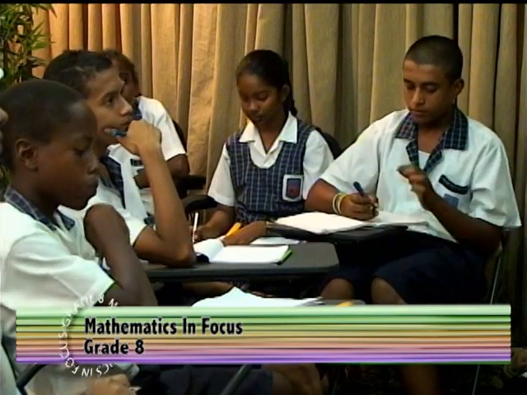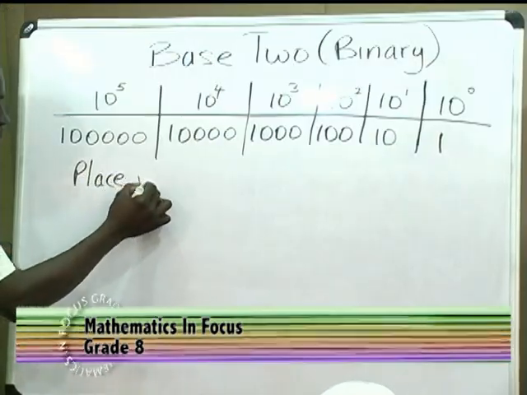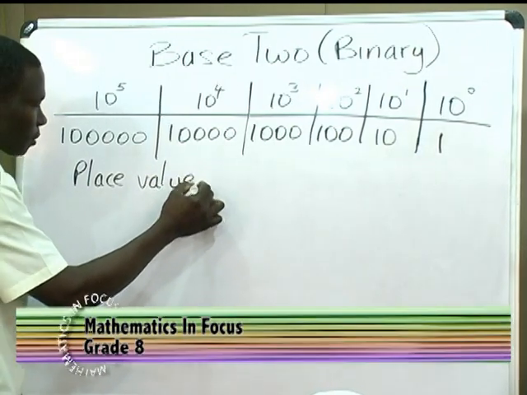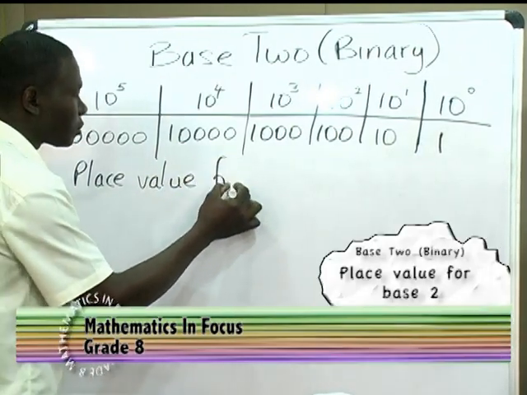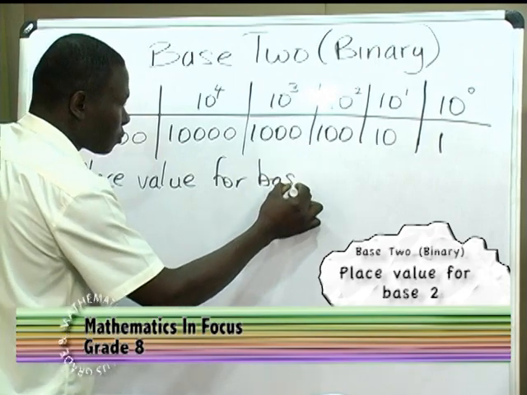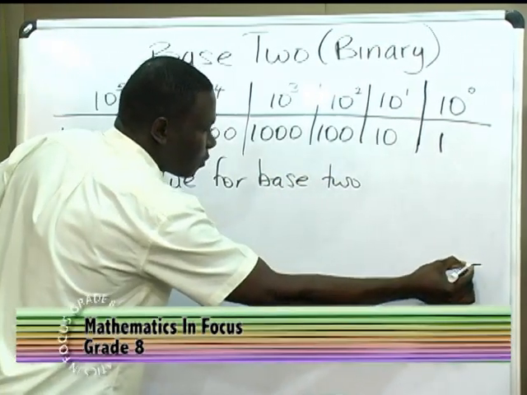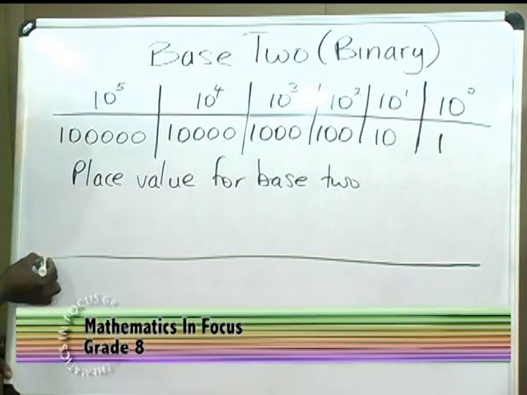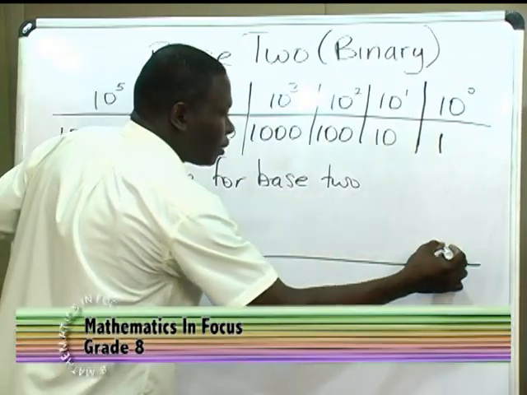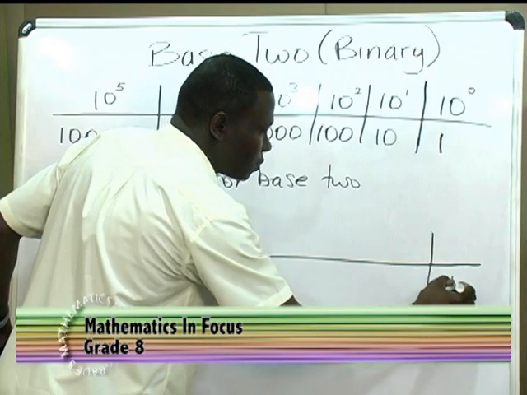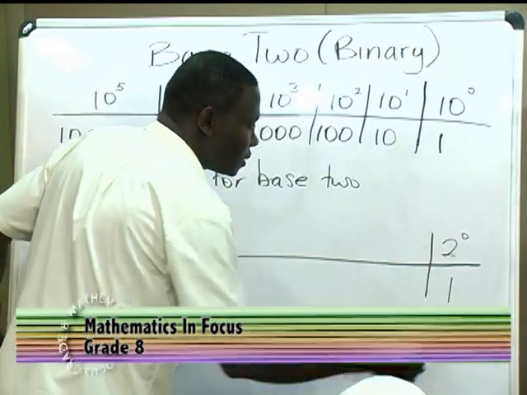So let us set up our table for the place value. Place value for base 2. So we will start with, as always, 1, which is 2 to the 0.